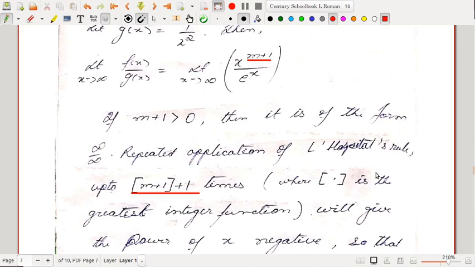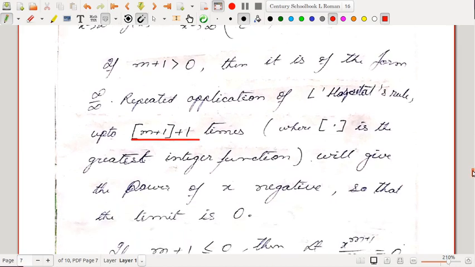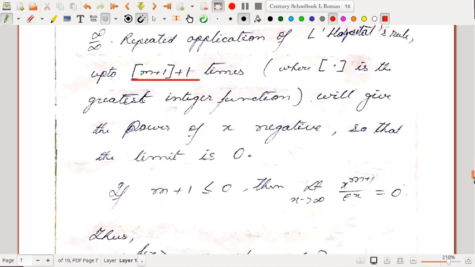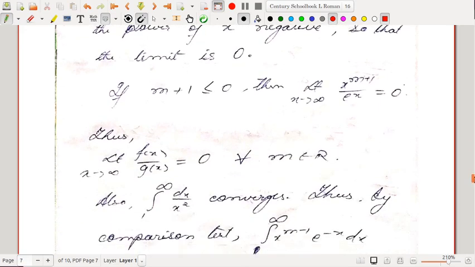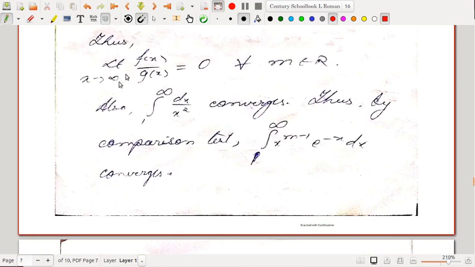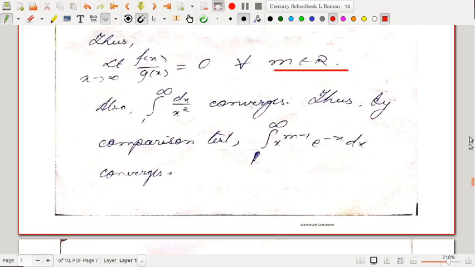Up to that step, the power of x will be negative, so the limit in that case will be 0. And for m plus 1 less than or equal to 0, I have already explained why it's 0. So thus the limit as x tends to infinity of f(x) by g(x) is equal to 0 for every m. Whatever m you take, it's always convergent.